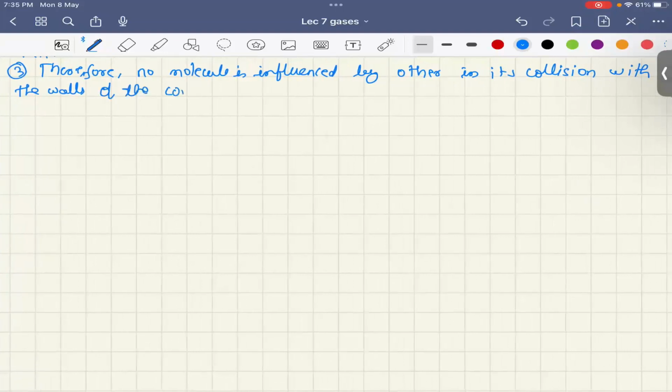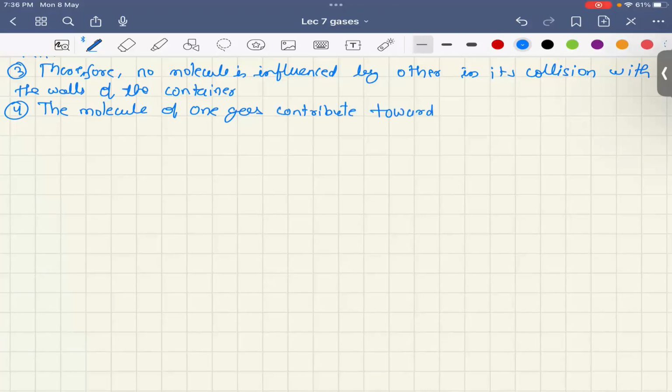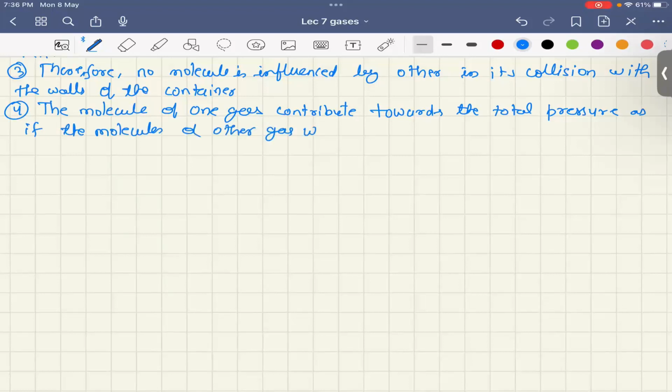The molecule of one gas contributes toward the total pressure as if the molecules of the other gas were not there.